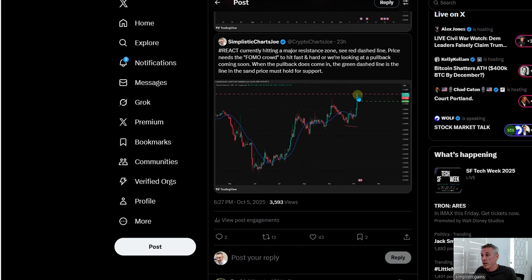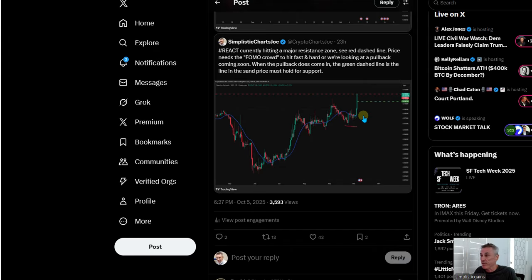Then, as we were anticipating a pullback even before it happened, the green dash line needed to hold. In other words, the FOMO crowd needed to come in and support price action. So basically, we called the exact top.